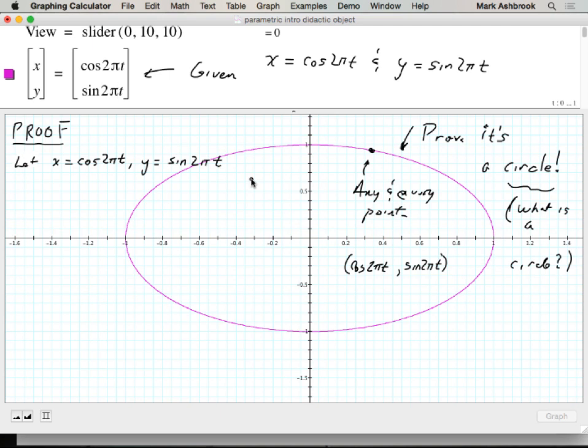What is that ordered pair? The whole circle. So this is the whole circle. Okay, yeah. So x equals cosine 2 pi t, y equals sine 2 pi t, which represents any point on the circle. Okay. Take it from there.